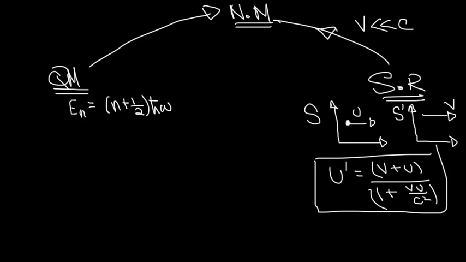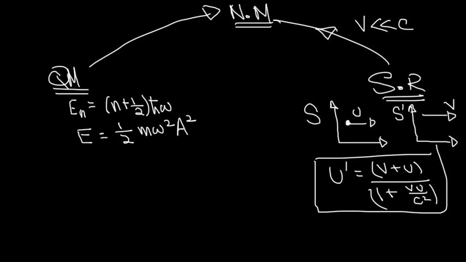But we also know this energy formula for a simple harmonic oscillator classically, and that is something like E equals 1/2 m omega squared times amplitude squared, right? So what one can do is, say for example, you solve for a classical harmonic oscillator.